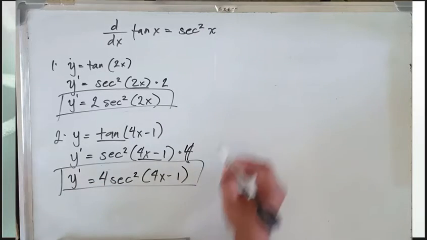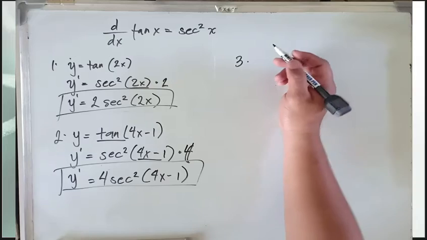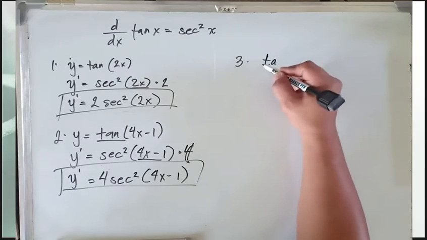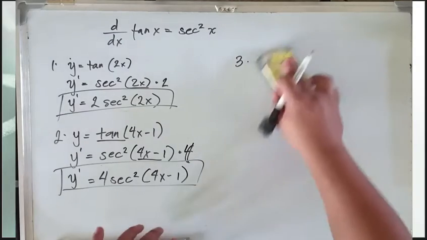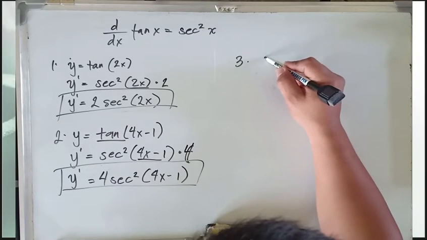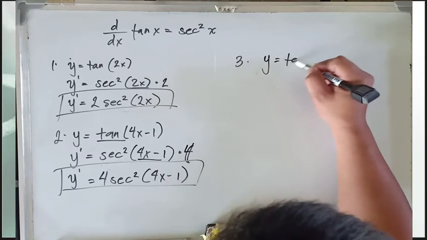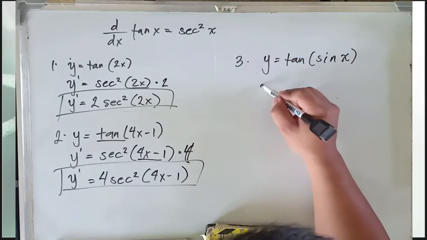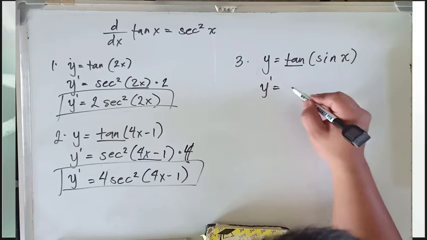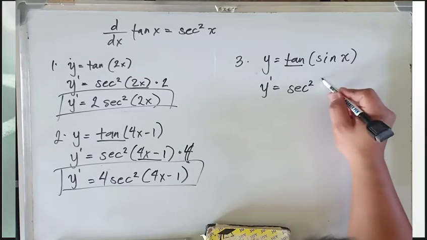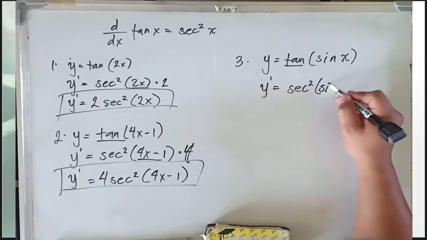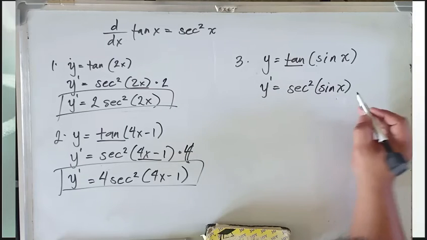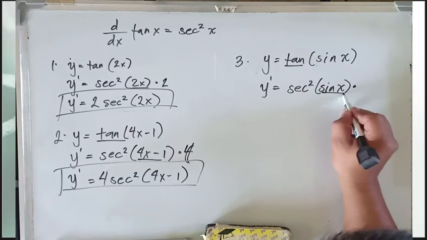That's the derivative. For number 3, we have y is equal to the tangent of sine x. We know that the derivative of tangent is the secant squared, and we just need to copy sine of x, and always multiply by the derivative of this.